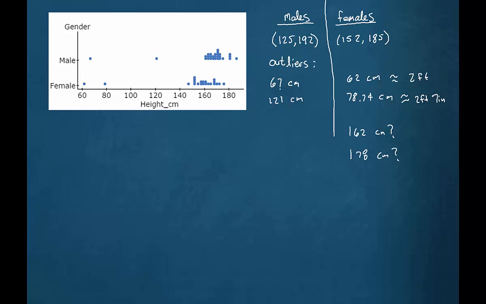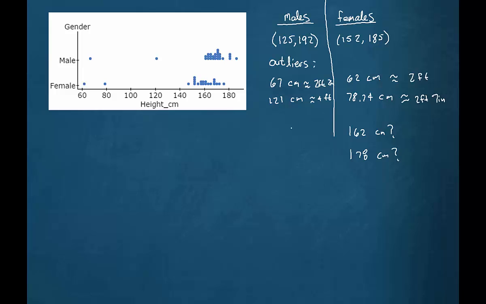Now examining the males, again, 67 centimeters is approximately 2 feet 2 inches. So this is certainly an error. 121 centimeters is approximately 4 feet.